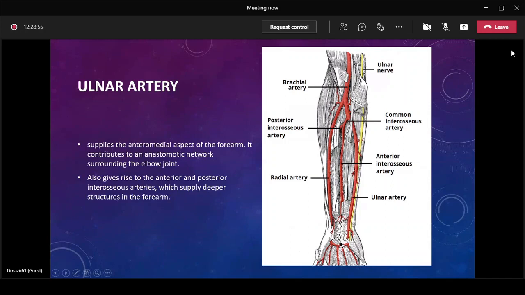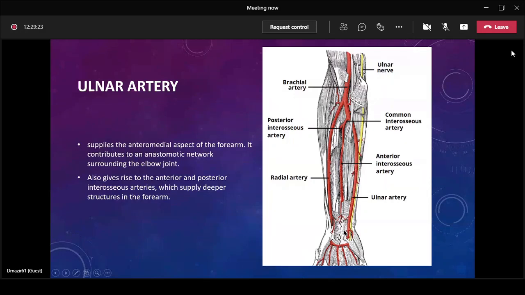Okay, and the importance of the ulnar artery is that it passes in front of the flexor retinaculum. Most of the times a question comes: name the structures passing in front of the flexor retinaculum, superficial and deep to the flexor retinaculum. You can be asked to draw and label the structures passing in front, superficial and deep to the flexor retinaculum.